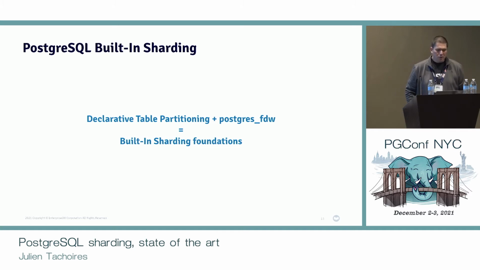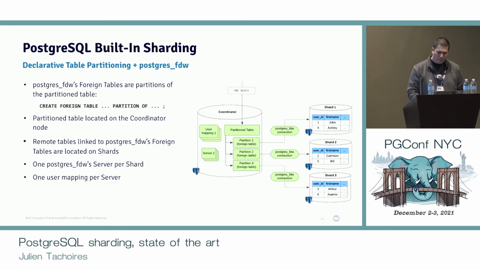Declarative table partitioning and Postgres foreign data wrapper are the key features on which built-in sharding relies. In Postgres built-in sharding, usual table partitions are replaced by foreign tables. So in this case, the foreign tables are created as partitions of the partitioned table.